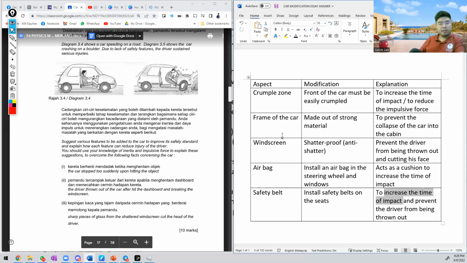Remember, as physics people, our job is to solve a problem. Our job is to come up with a solution to solve a problem. That's what all the physicists have been doing. So your job, you must figure out first, what is the problem? What physical law is it not trying to obey? And then you come up with the proper solution.